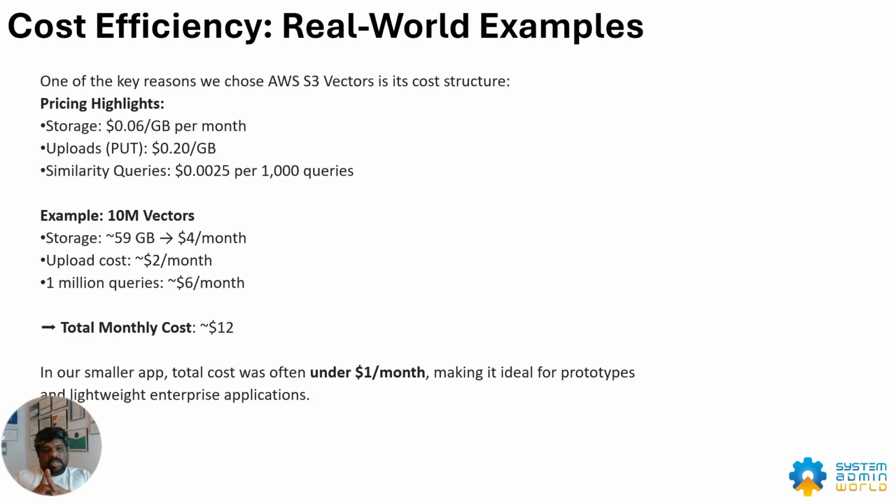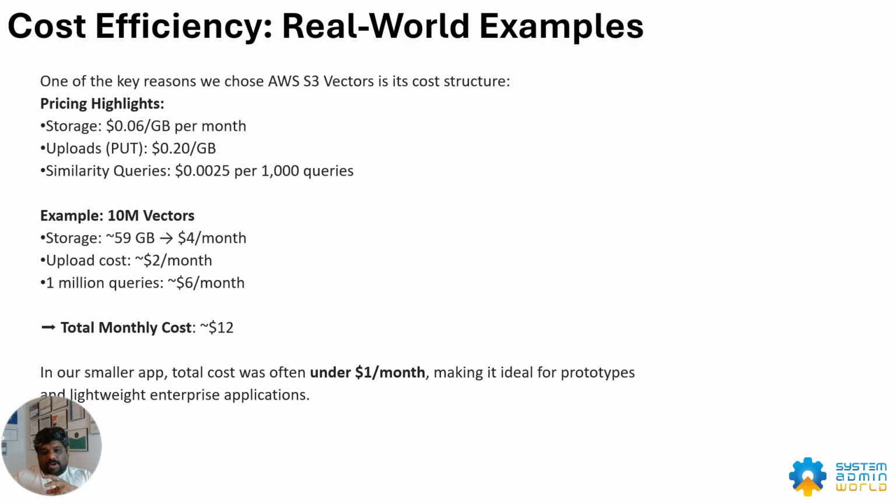And then we take an example of how many vectors we can query. Those all breakdowns I put together, and the total monthly cost goes down to $12, based on the inputs or thresholds given.